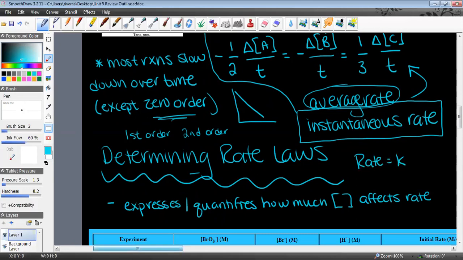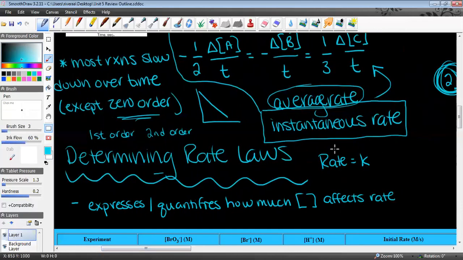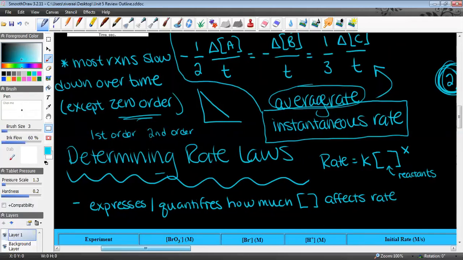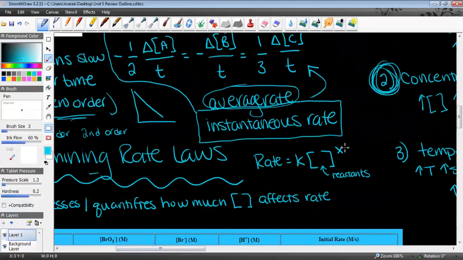Remember, rate is what you're measuring, change in concentration per unit of time, equal to this rate constant k times whatever the reactant concentration is raised to some exponent. Okay, so this would be one of the reactants that we were looking at. These exponents have to be determined experimentally. Those exponents are not coefficients. They are determined by experiment.